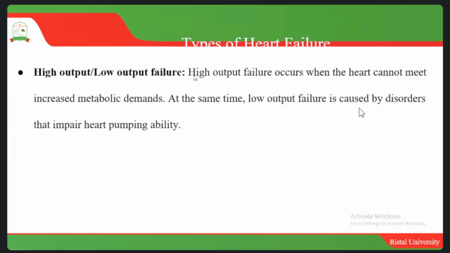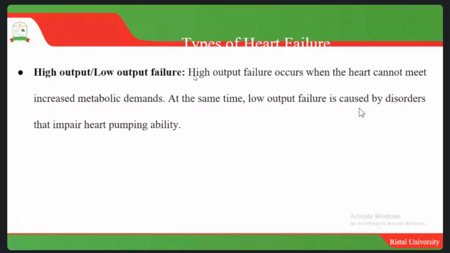The high output failure occurs when the heart cannot meet increased metabolic demands. So that's when it tries to increase the output, trying to pump out, and yet it is still not able to meet the body's metabolic demands.